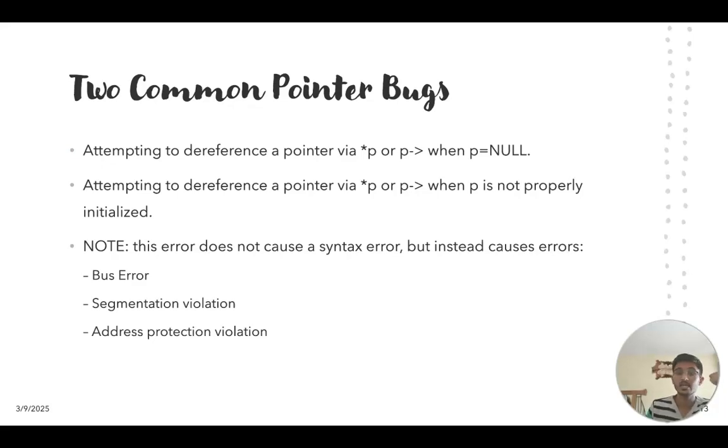But note, this error does not cause a syntax error; instead it could cause errors like a bus error, a segmentation fault, segmentation violation, or address protection violation. So it's important we know what we're dereferencing.